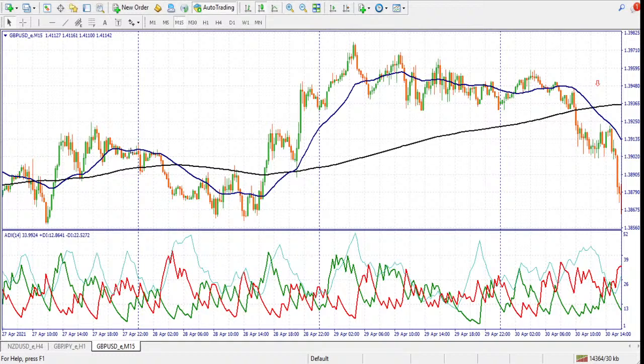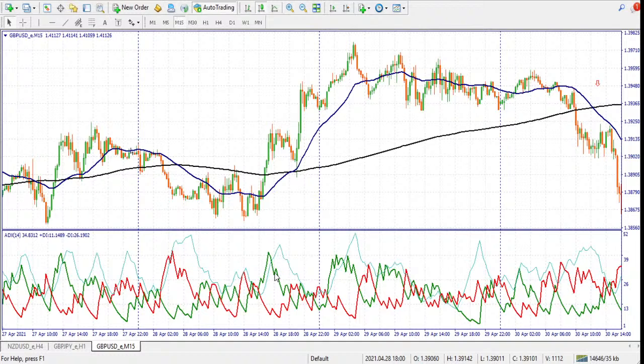We clear? So this is the strategy. A cross between two moving averages, and then you attach the ADX indicator. The ADX is basically the average directional movement index indicator. It's just a trend indicator. And what it means is there is the green line, and then there's the red line, then there is this thin line.